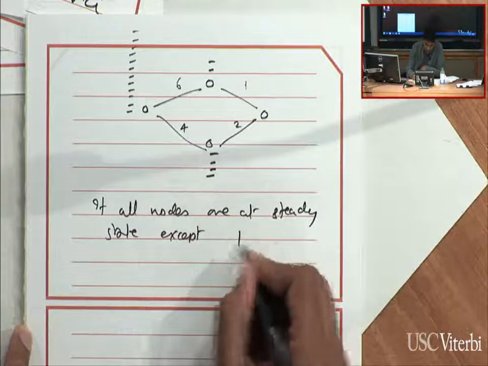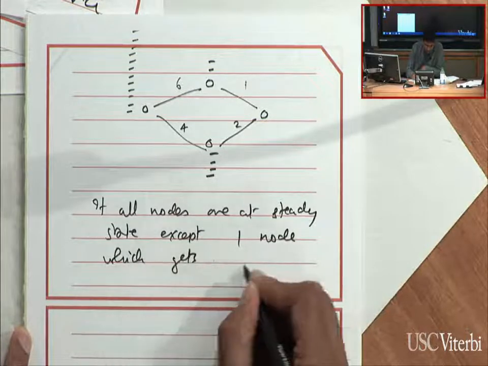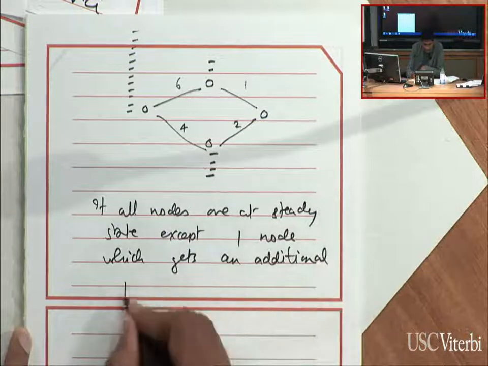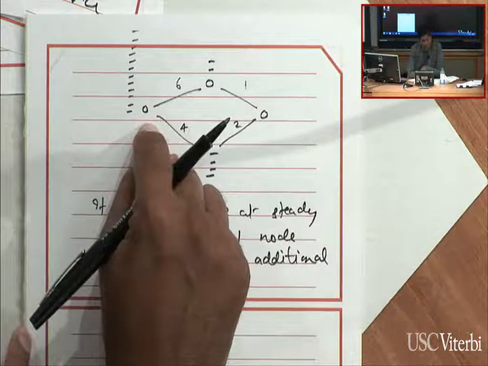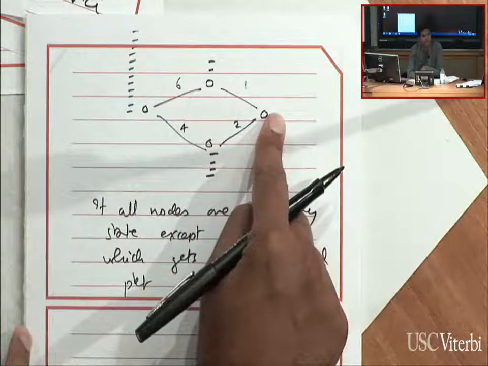except one node which gets, say, an additional packet. So imagine this is the steady state and node 3 got an additional packet. How that packet will get to the sink is to follow exactly along the shortest path through the network.